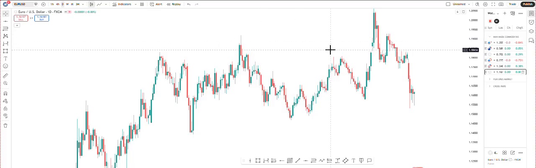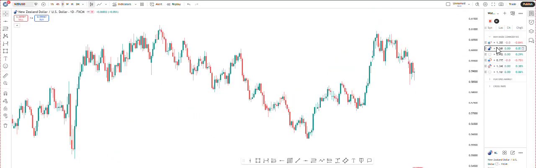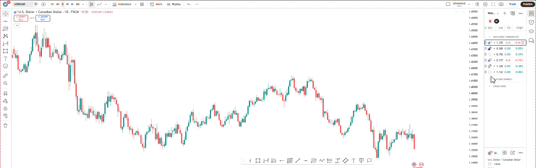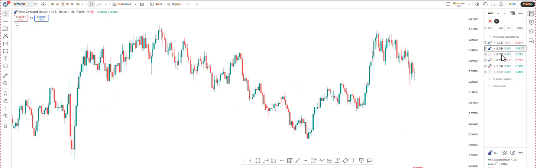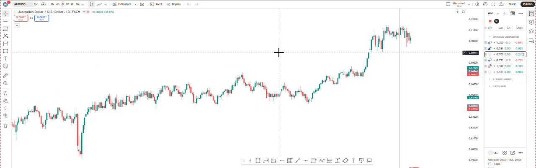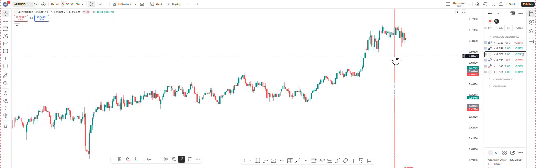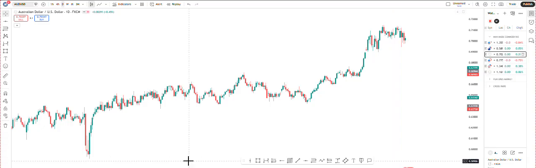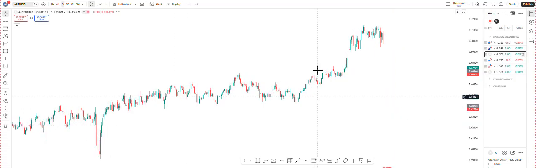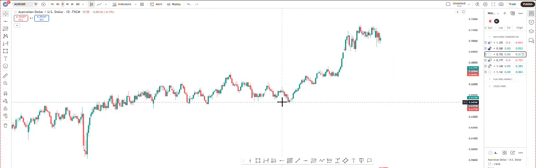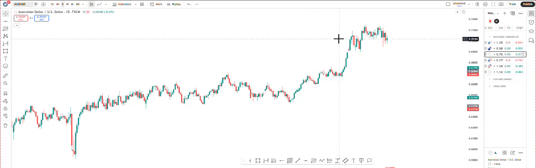And I think we should look at these guys, the Australian dollar, AUD USD. I feel currently the Australian dollar is crowded.